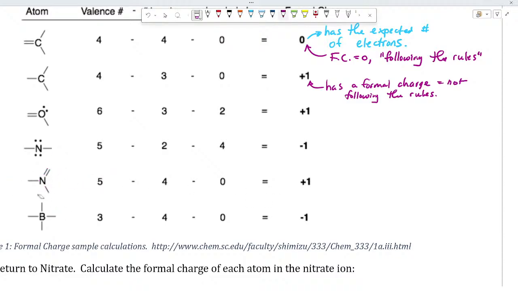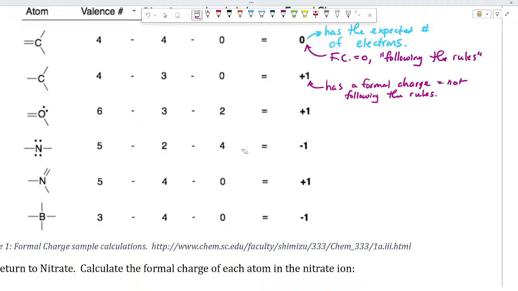Whereas in the example above, here nitrogen has 2 of its own electrons, 2 of its own electrons, then this is like 1 for itself, 1 away, 1 for itself, 1 away. And so altogether, how many together? 1, 2, 3, 4, 5, 6. But we would expect it to only have 5, so it has an extra electron compared to what we expect. So its charge is -1.